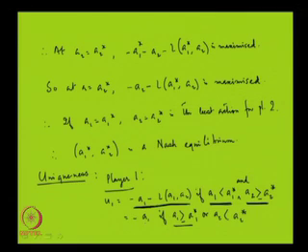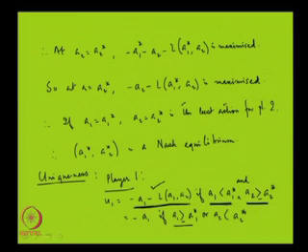At most it can be A1 star, and it is possible that he takes an action which is less than A1 star. It may happen that if A2 is greater than A2 star, at some value A1 less than A1 star, this function is being maximized. That is possible. But what is being ruled out is that if A2 is greater than A2 star, A1 can be more than A1 star.